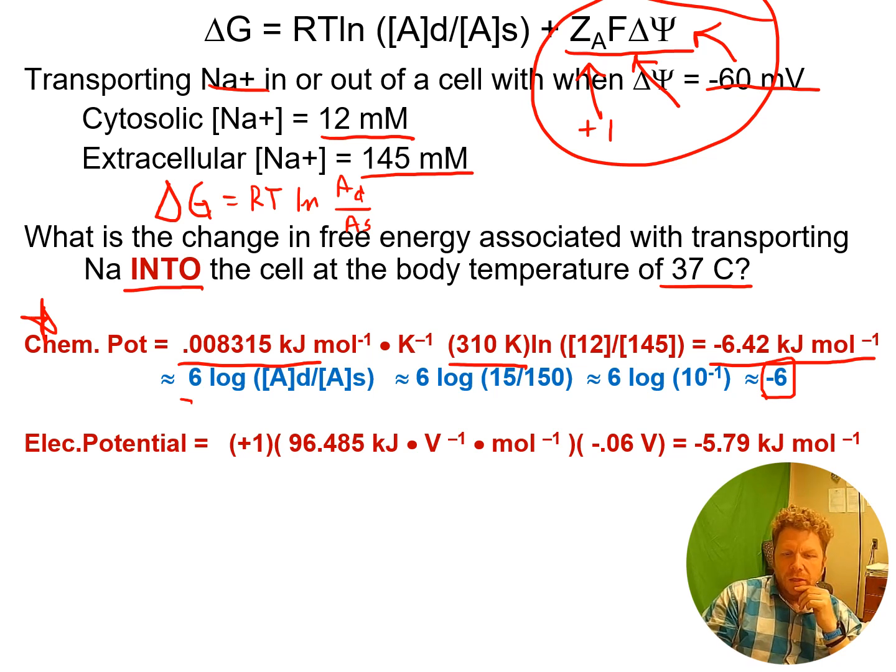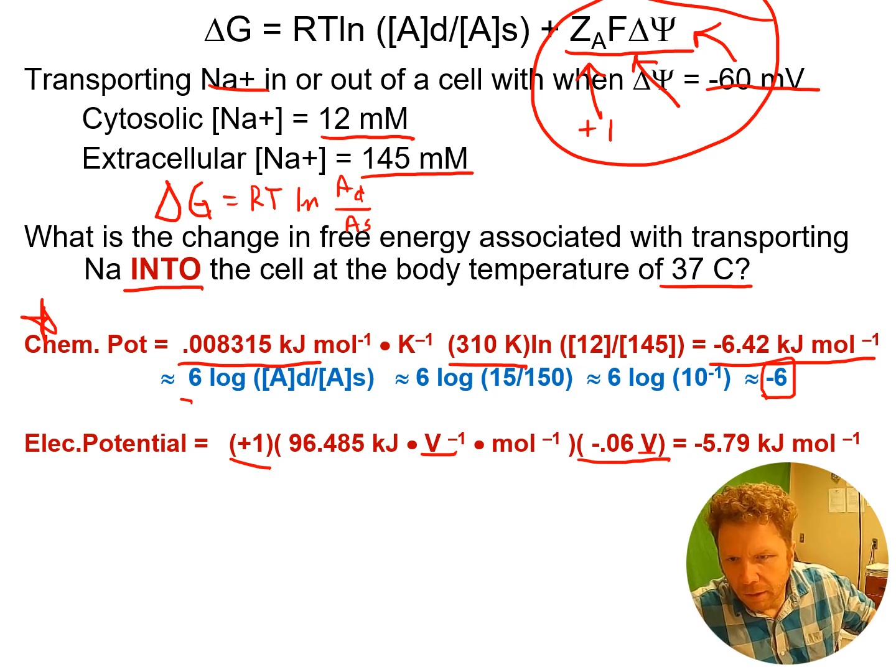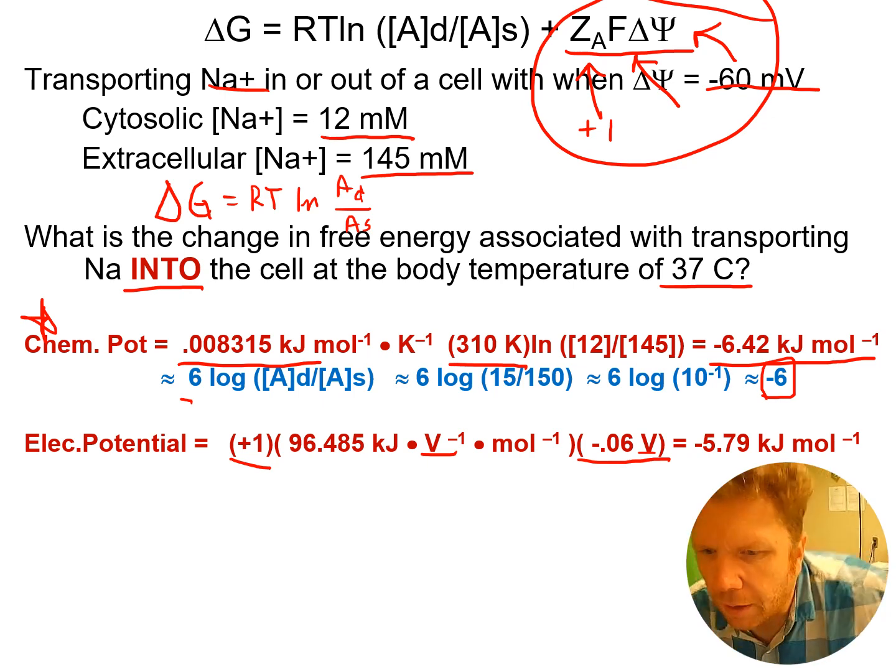So what we've got is a positive 1 as our Z sub alpha, times 96.485 kilojoules per volt, and then negative 0.06, which is the same as 60 millivolts. We're using volts as opposed to millivolts for this calculation. You plug that in, and you end up with negative 5.79.